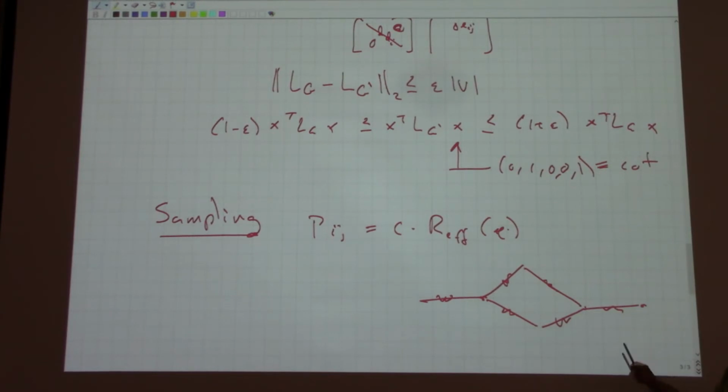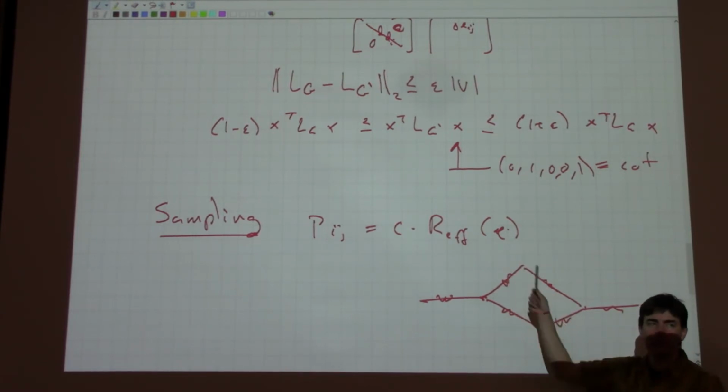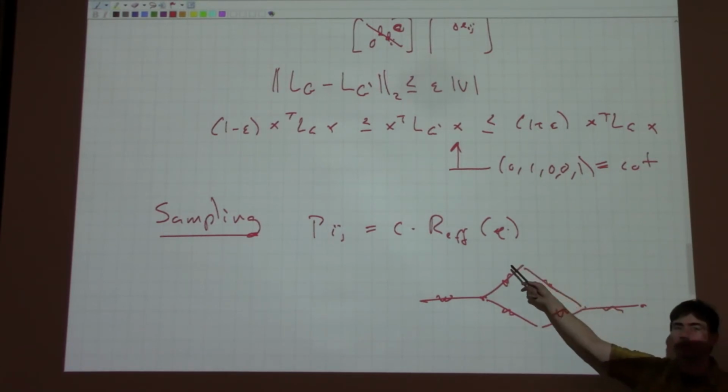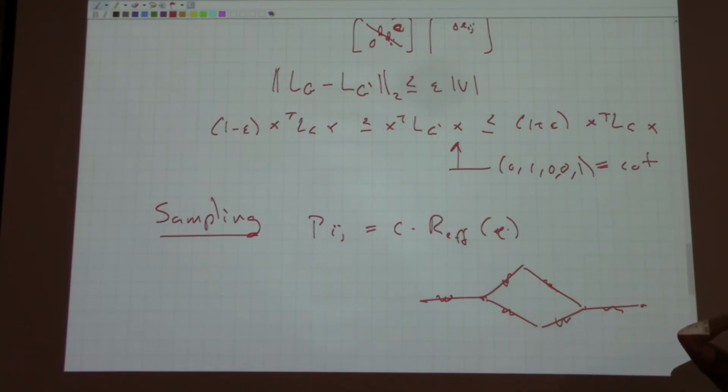So the effective resistance does a better job than just looking at the degrees of the individual nodes. The degrees are something you can easily calculate really quickly from each vertex. But the effective resistance is a little bit harder to calculate. It basically boils down to either solving a system of equations, or it's related to doing the eigenanalysis of the system as well.